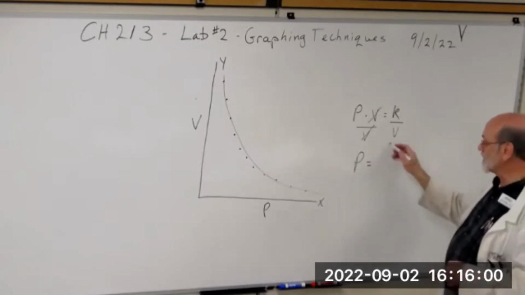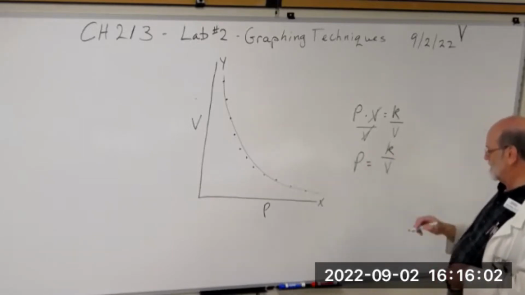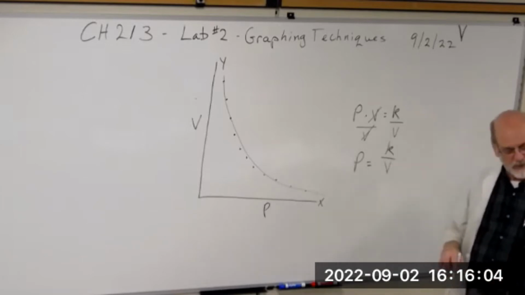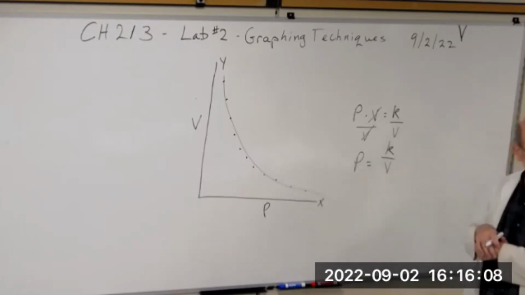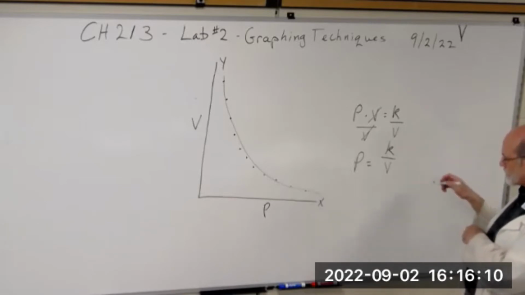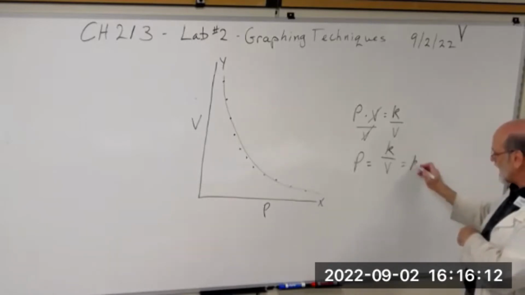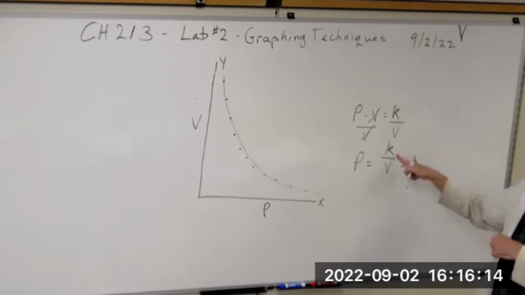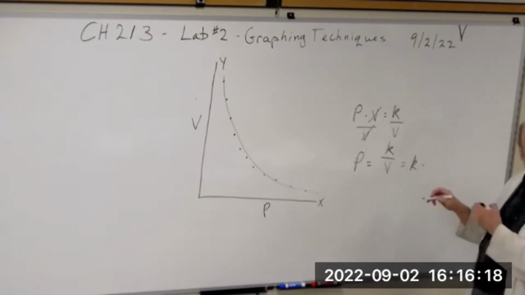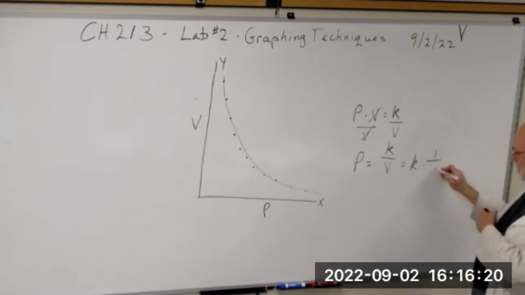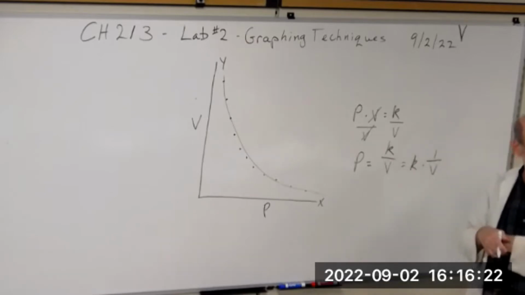Right? P now is equal to k divided by v. But what I'd like to do is pull my terms out from one another. So I'd like to leave the k here in the numerator, just like it is there. And I'd like to pull this v out. So what is it equal to when I pull it out? Right, 1 over v, correct?